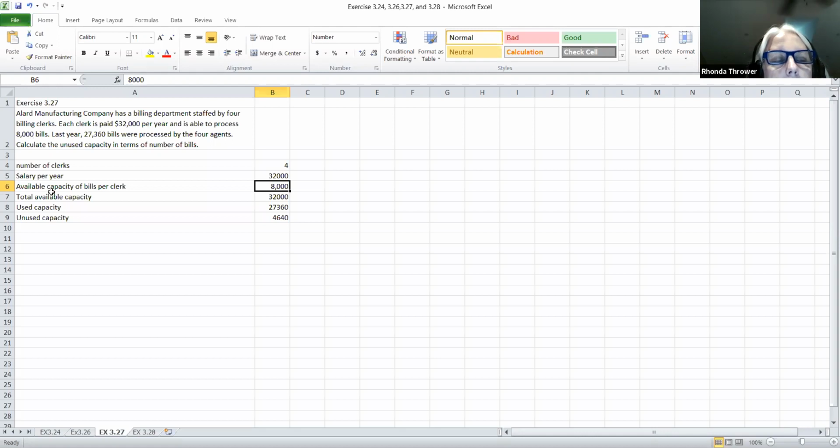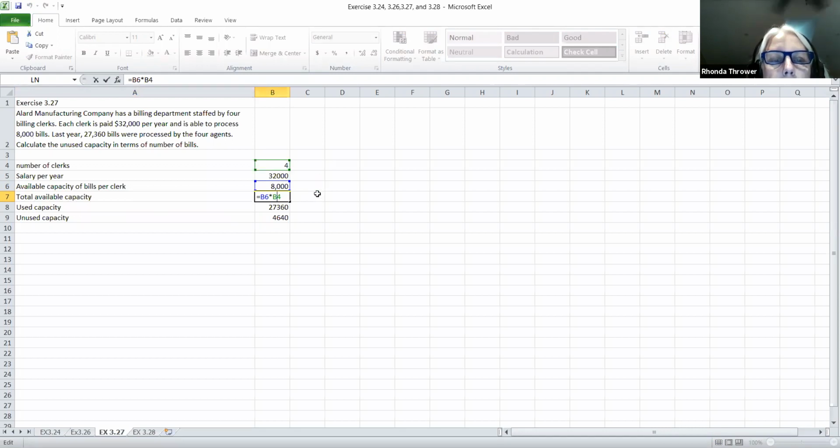So what you're finding is available capacity first. You want to find the total available capacity, which would be found by taking the 8,000 units per person that the billing department was supposed to process, the 8,000 bills per person.